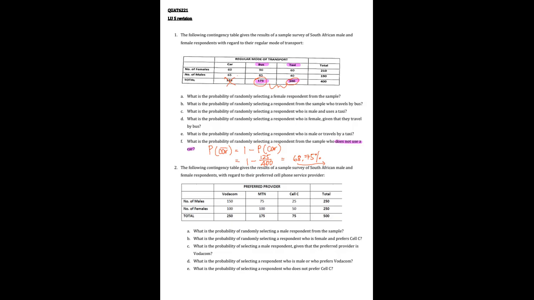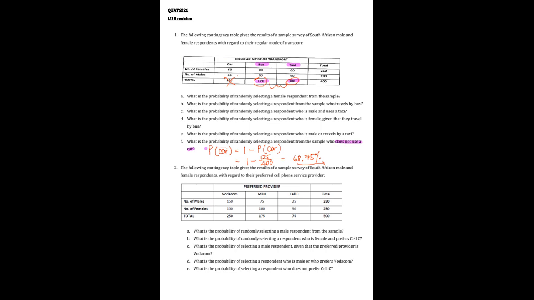So you have to use the complementary rule by saying that if they're asking you what's the probability that a person does not use a car, you need to write down the probability of it not being a car, and that's calculated as 1 minus the opposite, which is 1 minus the probability that they do use a car.